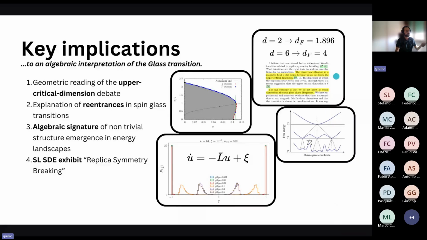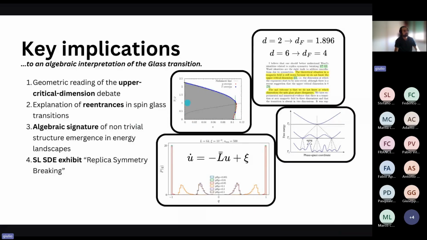Then for the mean field to hold you need to be in the percolative mean field range, so dimension 6, where the fractal dimension of your percolating cluster is 4, which is exactly the Ising upper critical dimension. And so this is a possible geometric explanation of the upper critical dimension.